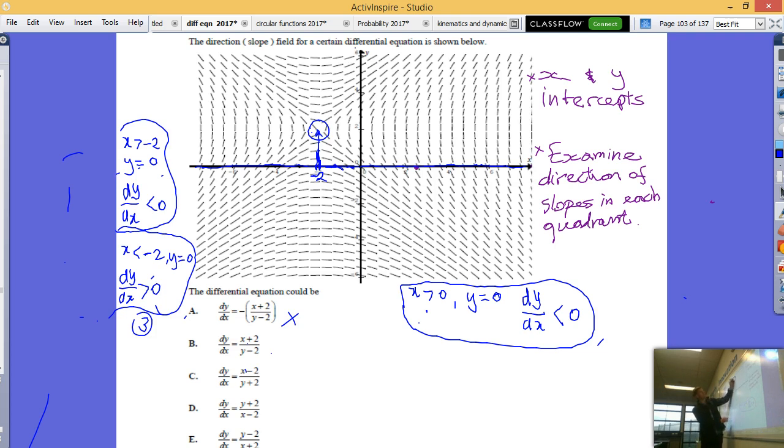Now, what about the behavior on the y-axis? So on the y-axis, x goes to 0. Let's say when y is less than, and the important number that we can see where things change is 2. When y is less than 2, there's y equals 2 there, then look at the slant of our tangents, negative.